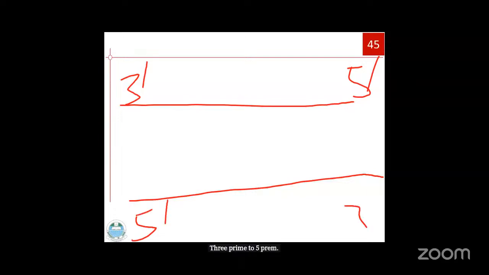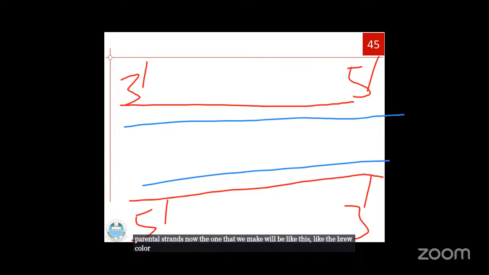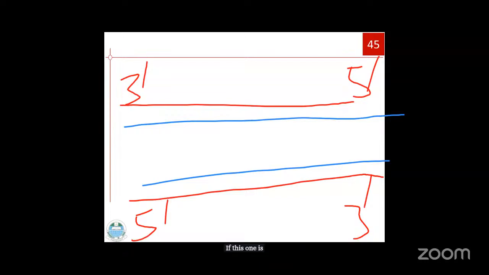These are the original strands, the old strands or the parental strands. Now, the one that you will make will be like the blue color. You will agree with me that DNA is anti-parallel, so if this one is 3' to 5', the new one in blue will be 5' to 3'.